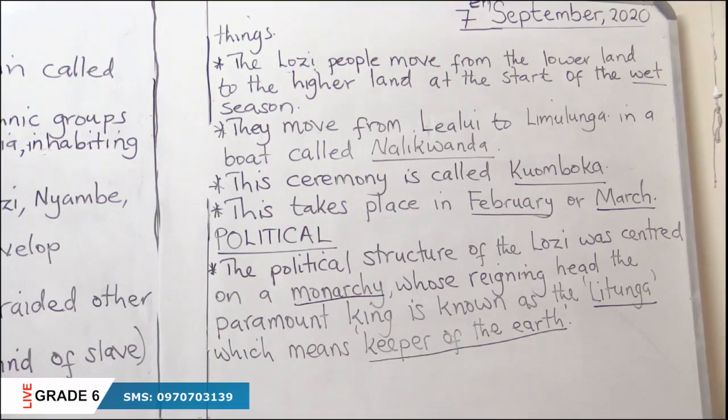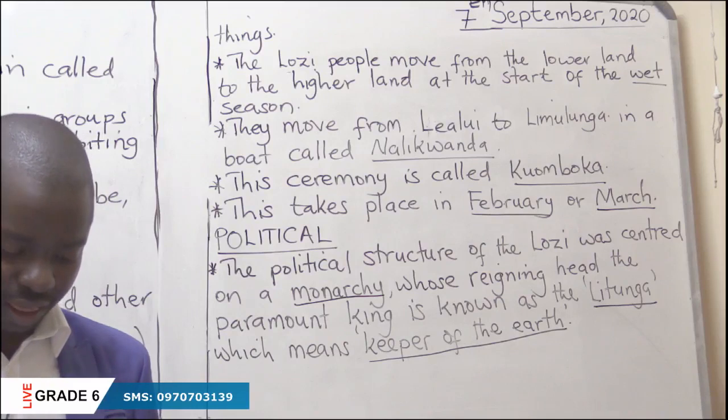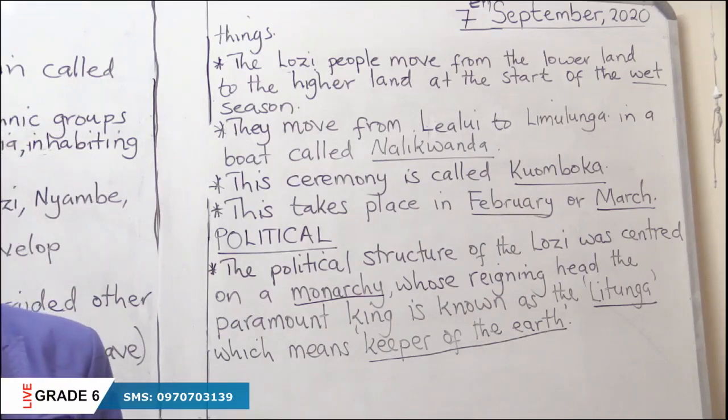All right, so that's it, boys and girls, about the Lozi people. Let me check if someone has given us the answer for the question that I've just asked. This one says, Nyambe was their male god, while Nasilele was Nyambe's wife. Thank you so much for this contribution.